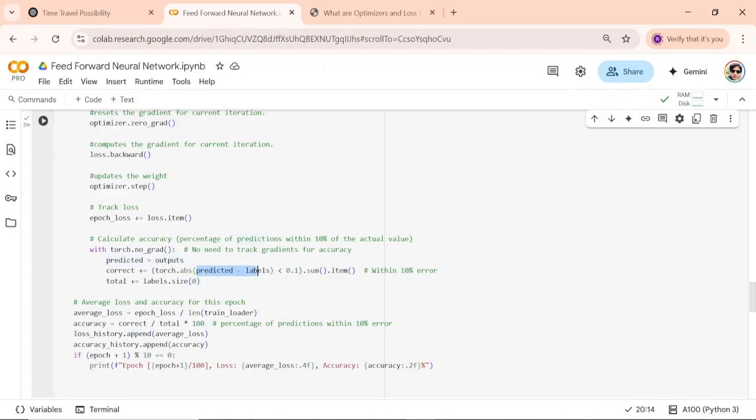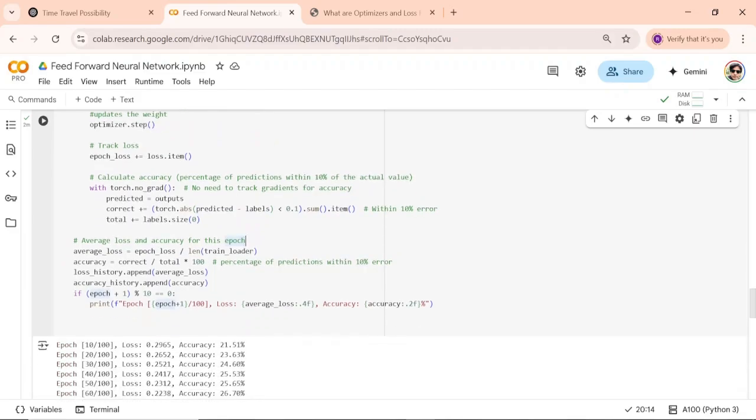If the predicted value is near, like the difference is only 10% error, for example the actual value is 3 and the predicted value is 2.9, that means it's still near, right? So I'm considering it as a correct answer. I'm not saying it should be 100% 3 for it to be correct. I'm just giving some flexibility to the model here. If the model is near to the actual value, I'm saying it is correct. So that's what I'm doing here.